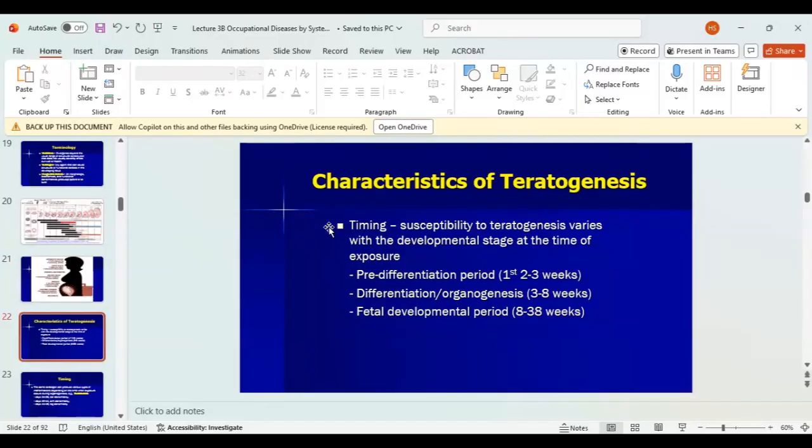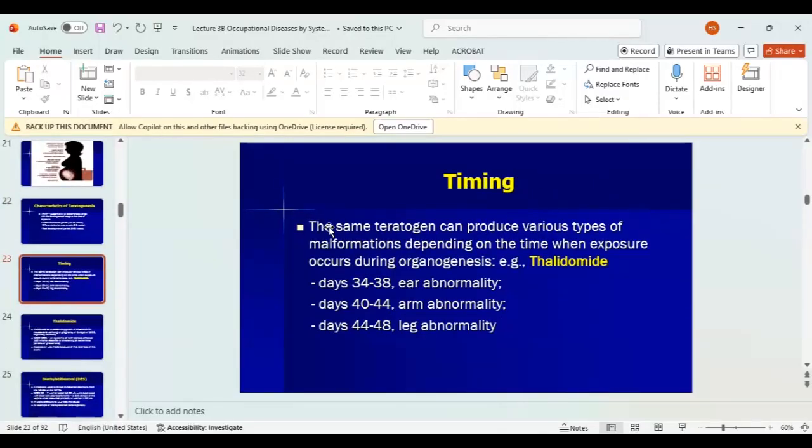And so the effect varies with the developmental stage at the time of exposure. And you have the pre-differentiation, differentiation, fetal development period lasting for a number of weeks.